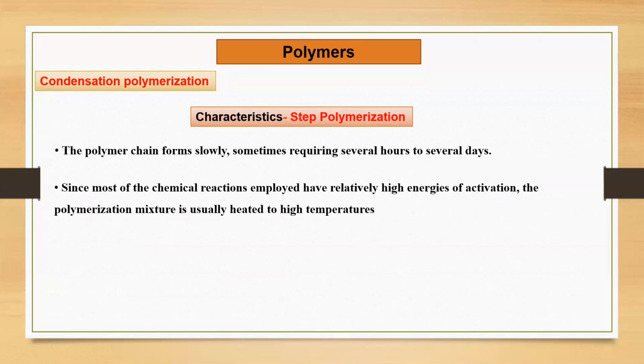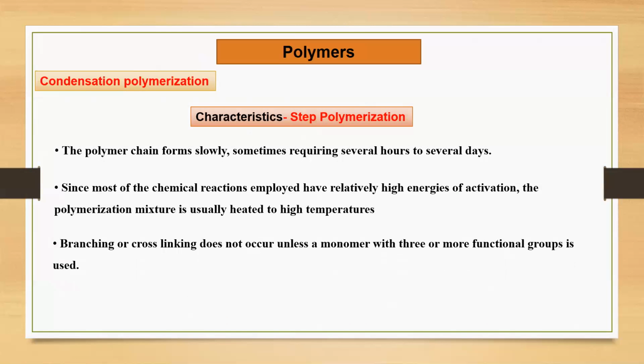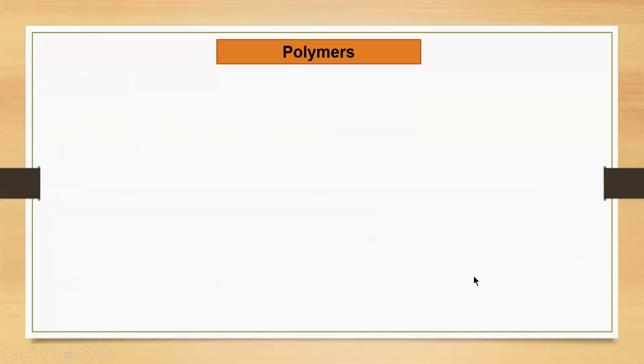Branching or cross-linking does not occur unless a monomer with 3 or more functional groups is used. Because if we have 2 functional groups, it proceeds in a linear direction.